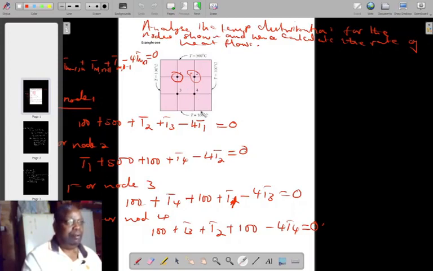Okay, that is when interacting with this wall, and that one and that one when interacting with this wall, and that one and that one when interacting with that.